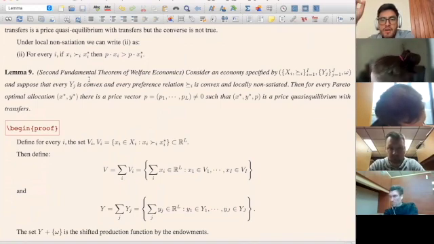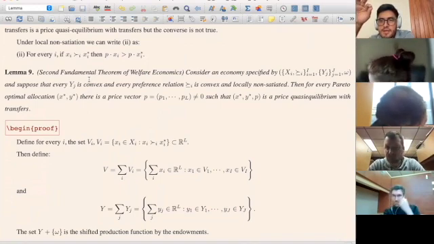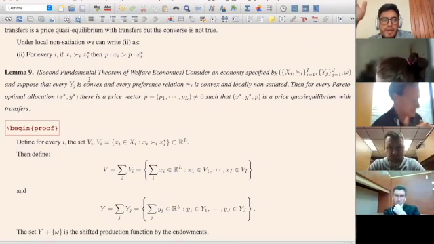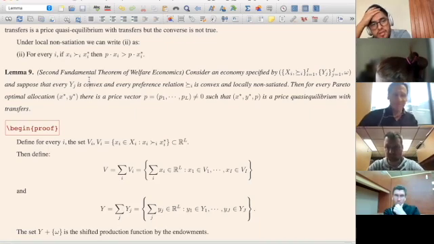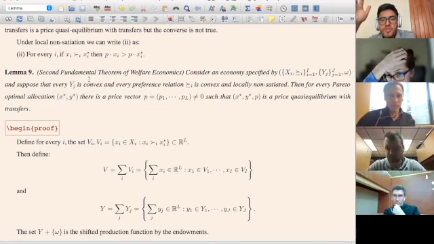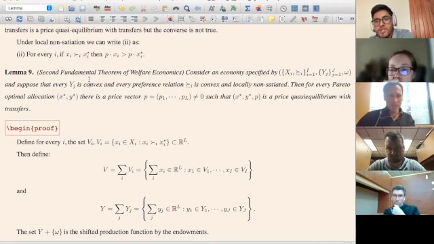Consider an economy specified by consumption spaces, preferences, and production plans, and suppose that every production plan is convex, so returns are non-increasing, and every preference relation is convex, so utilities are quasi-concave, and locally non-satiated.